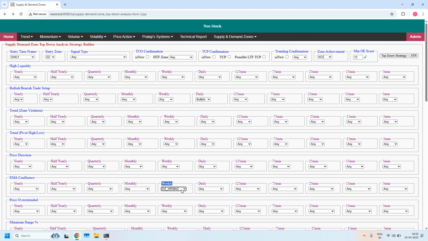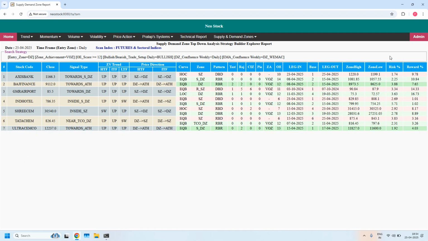The weekly trend is an uptrend by default in all the stocks, so there is no need to set any filters on the trend. And the daily zone is overlapped with this weekly zone, so this EMA filter gives an advantage to the daily zone.